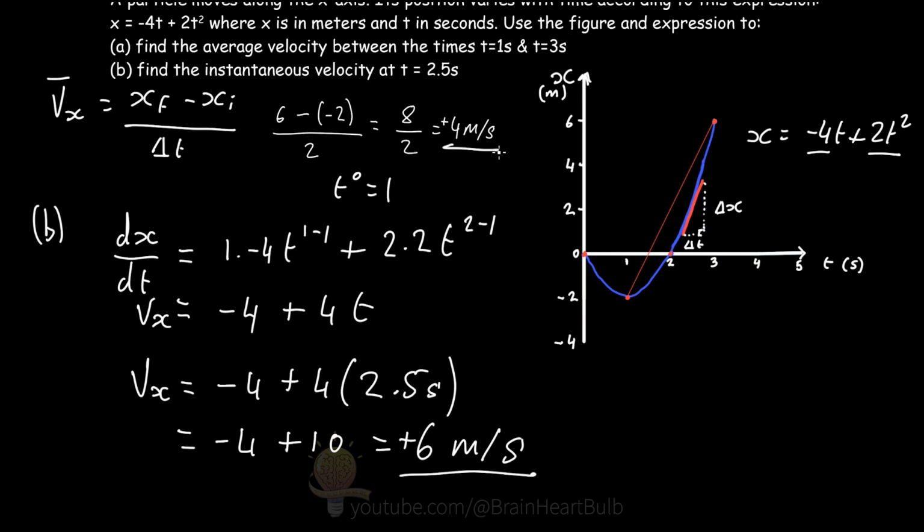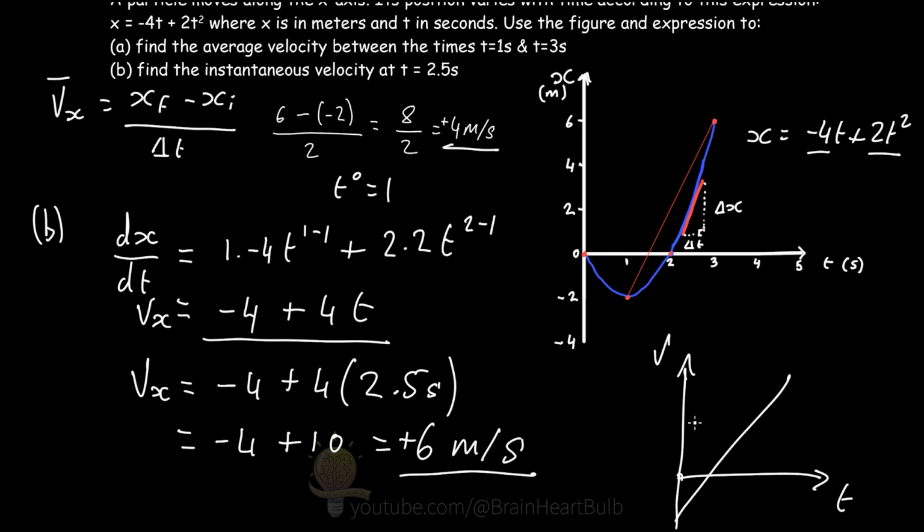And this does actually make sense because the particle at a later time would have a higher velocity. And we can see this when we plot out our instantaneous velocity expression here. So at a later time, we have a higher velocity.